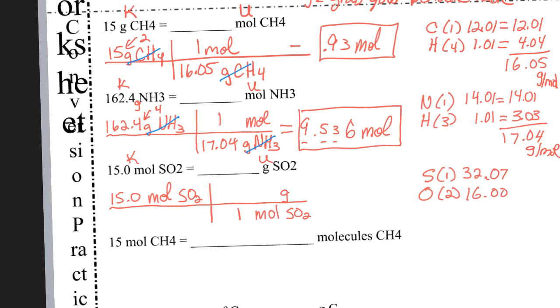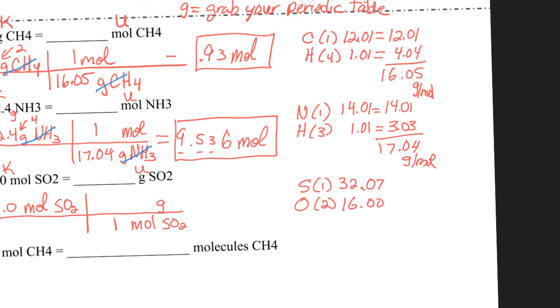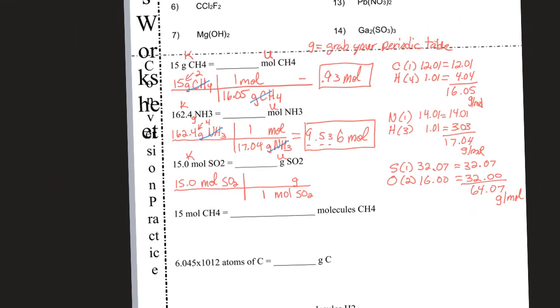So that means I've got 32.07 grams of sulfur. 2 times 16 is 32. Add them up. I've got 64.07 grams per mole. Grams per 1 mole. Back over here. My molar mass was 64.07.